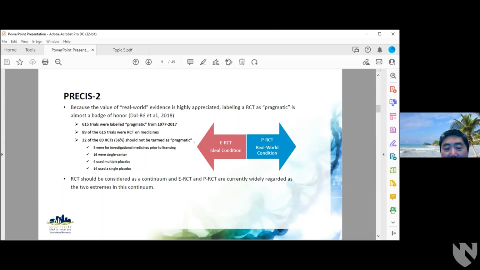It's still like a proof of concept, investigational, initial research.